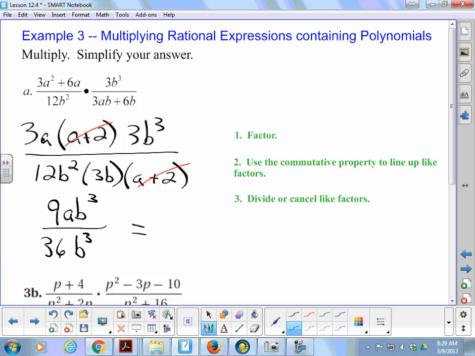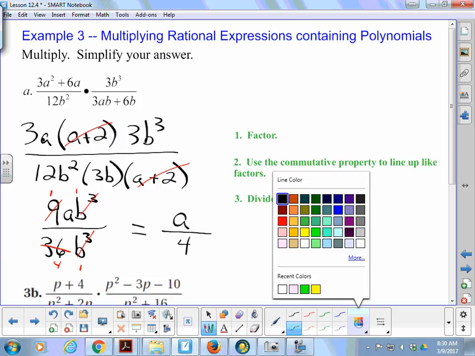So that 4 is in the denominator, because that's where the 36 is. Because it's 1 here and 4 there. I have b cubed and b cubed. Those cancel, because they're the same. 1 there and 1 there. So what am I left with? In the numerator, I have just a. In the denominator, I have just 4. So this is a over 4.